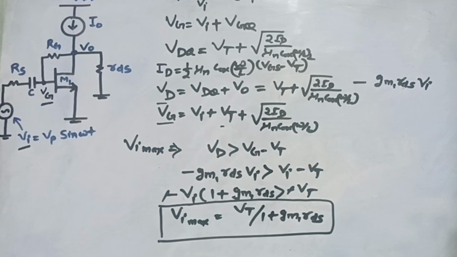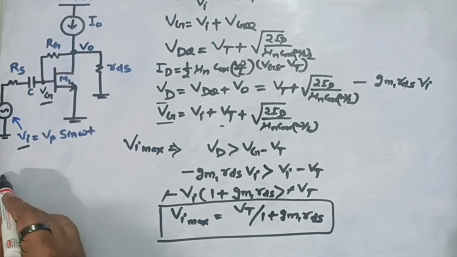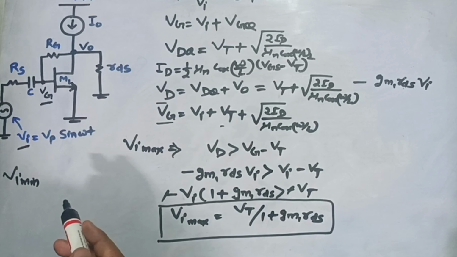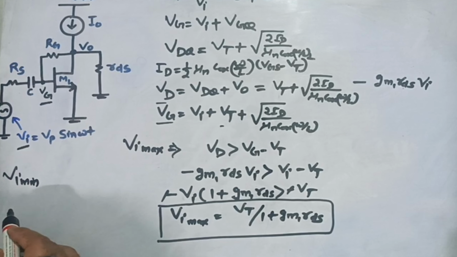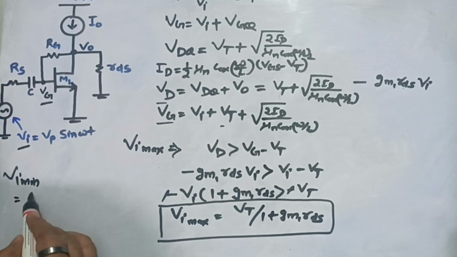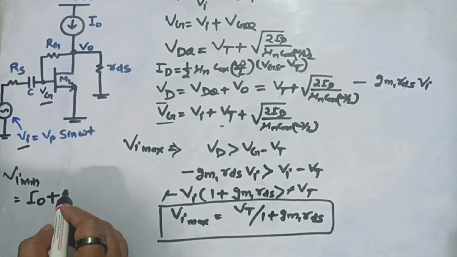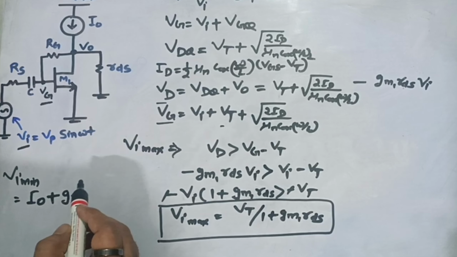Now let's talk about the minimum one as well. If we have to find out the minimum value of input, that means the current will become zero. So we need to equate the current to zero and we'll get the minimum value of input. The current value will be equal to I naught, which we are forcing from the top, along with the MOSFET small signal current, which would be equal to Gm into VGS.